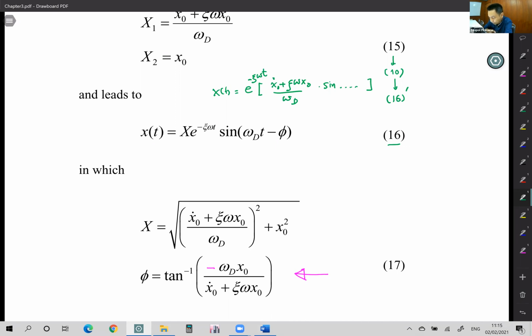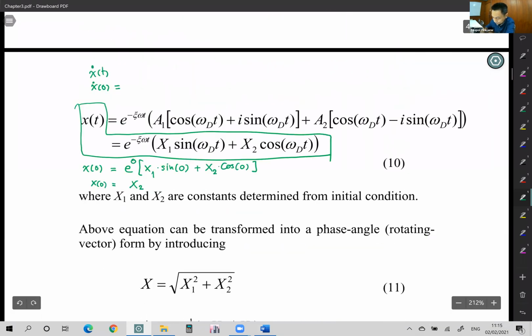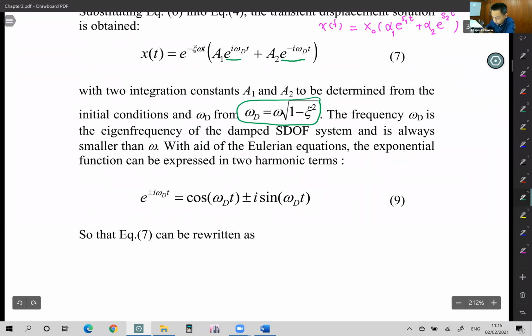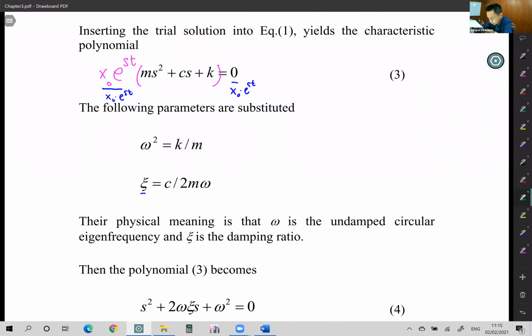Omega d, psi, omega, 3 of them are the building parameters. For example, psi, we already defined psi, where is it? Psi is this one. Psi is the damping coefficient c over 2 mass m and omega.